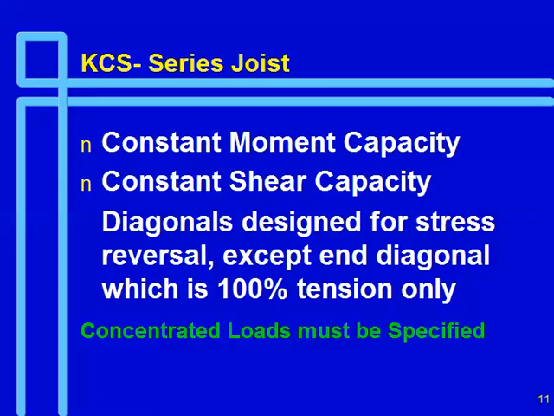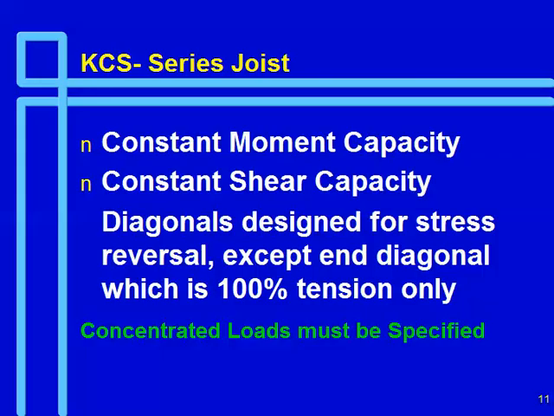So unlike a K-series joist, which is designed for the shear that's present at the web location, plus a minimum of 25% of the end reaction, the constant shear capacity joist, it's tabulated. It has that capacity no matter where you put a concentrated load.